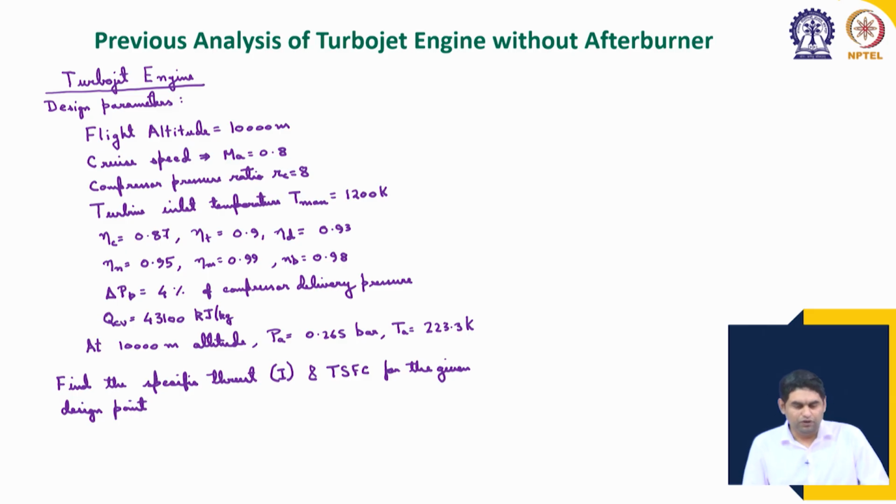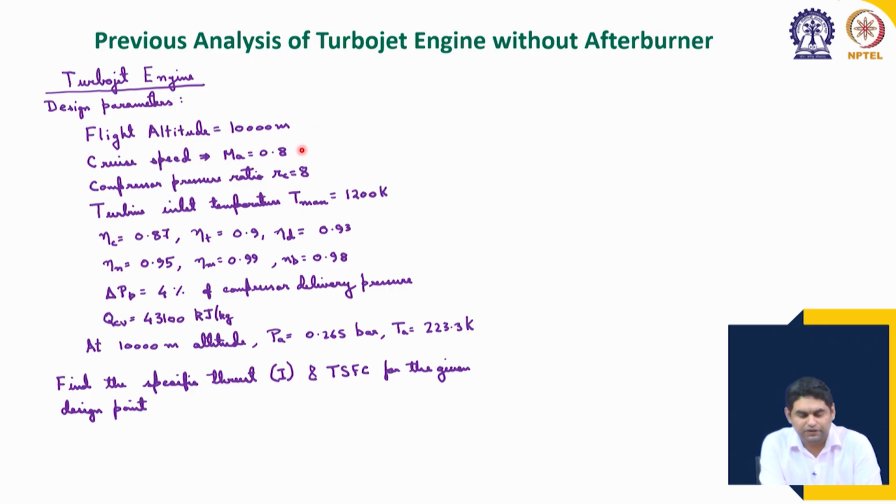If you remember, in the previous problem we had the following design parameters. We had a flight altitude of 10,000 meters, at which the ambient pressure was 0.265 bar and the ambient temperature was 223.3 Kelvin.